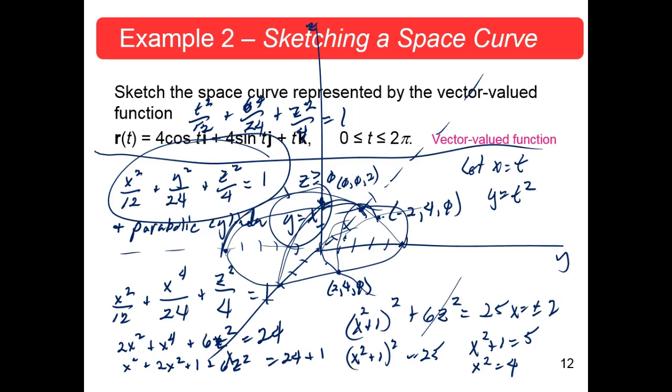And let's solve for z then. So we'll subtract t squared over 12, subtract t to the fourth over 24. I can't read my own writing, I think that's a t, not a 6.